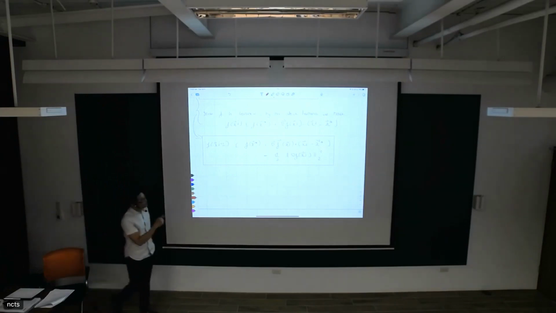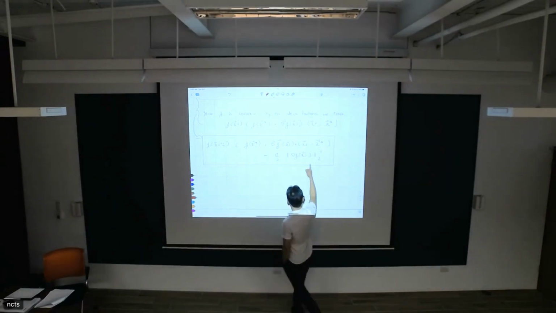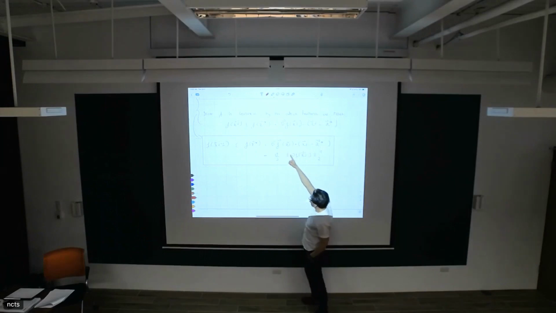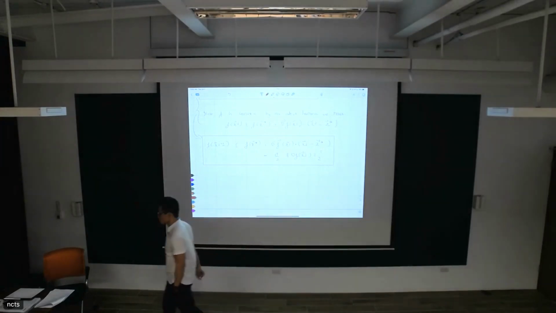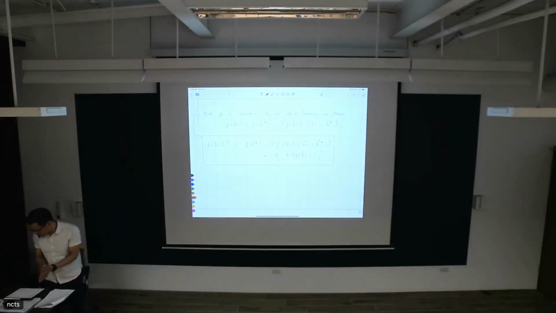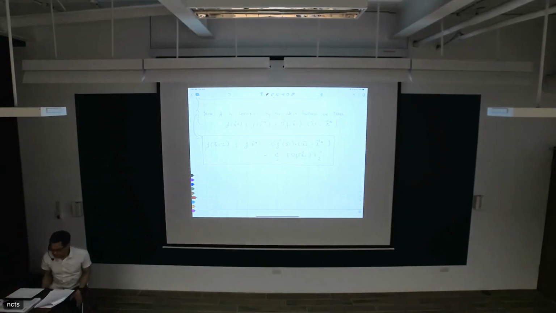So when we look at this, it reminds us of something squared, and then itself dot with another one. So we're going to complete the square, using a very elementary tool.